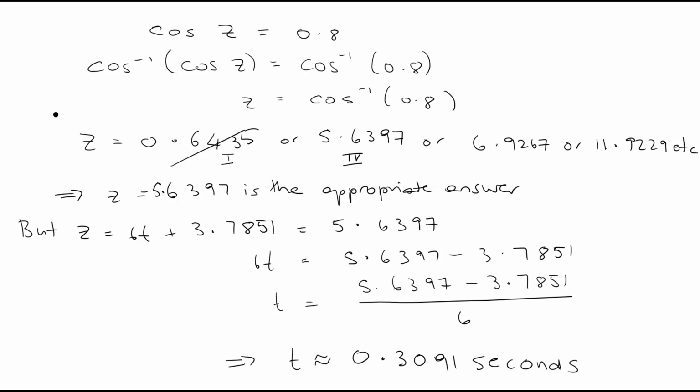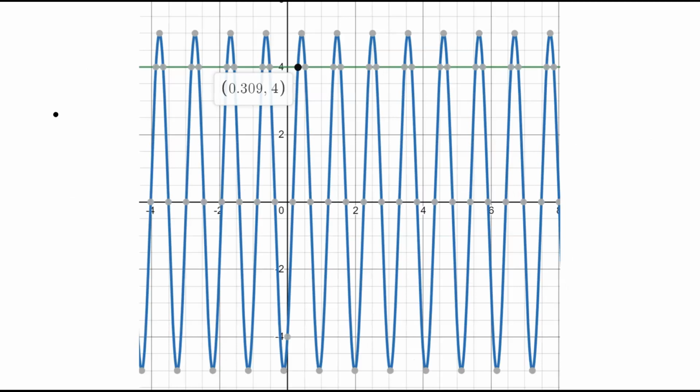Now, I've done the graph on Desmos, and you can see there's the first time, the green line is 4, so y equals 4 is the green line, I think it's green, and the other one is y equals 5 cos of 6t plus 3.7851.